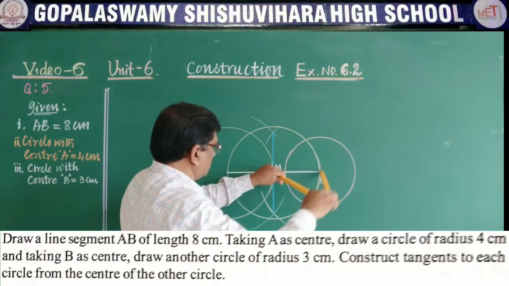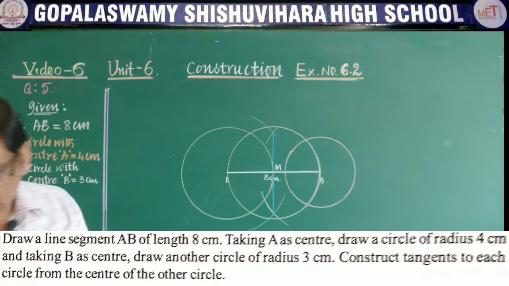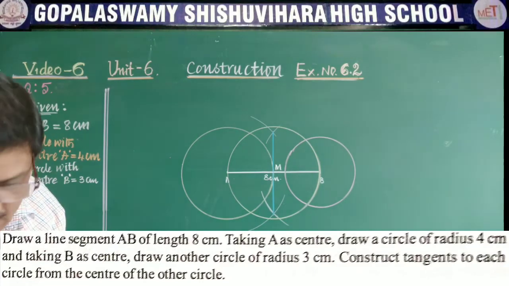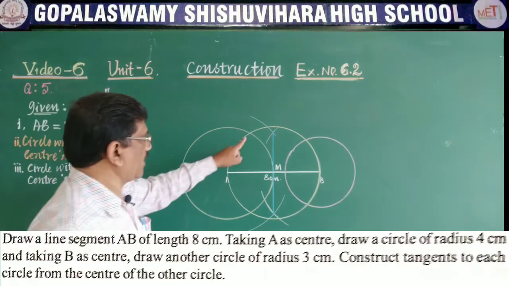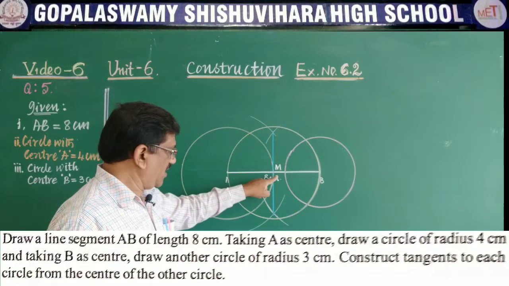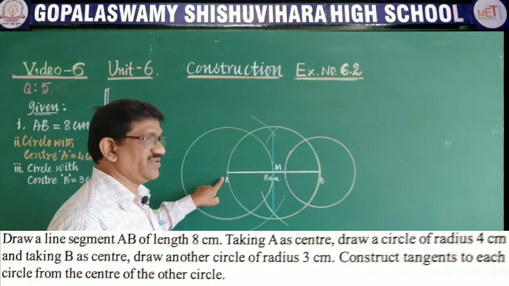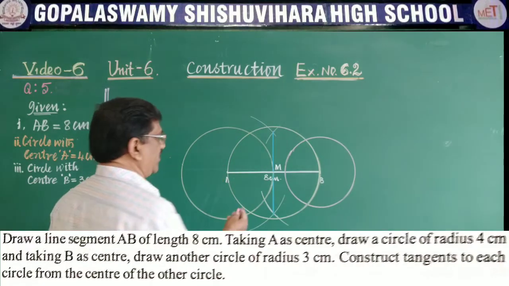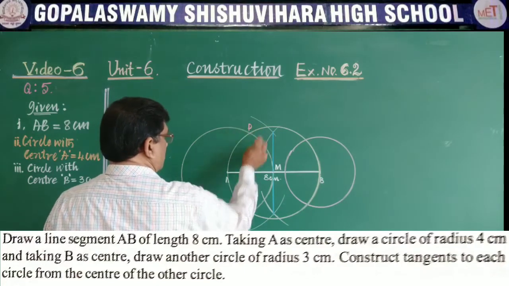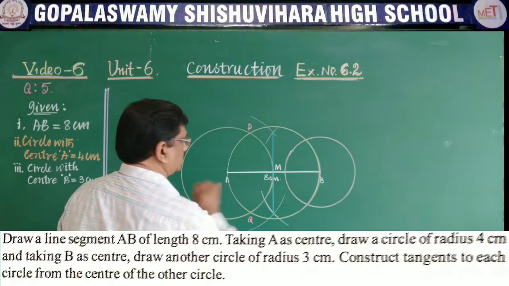Okay, children? Okay. So, the circle with the center M, where it cuts the circle with the center A, let it be P and Q.